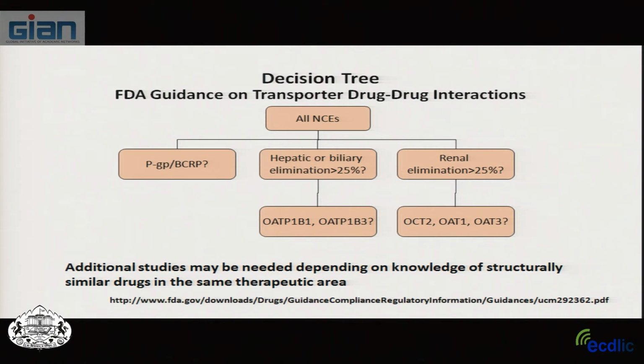If it is, then definitely it's transporter mediated. Is the renal elimination more than 25%? And then what you need to test. Further guidance is that additional studies may be needed depending on knowledge of structurally similar drugs in the same therapeutic area. And then you have this guidance PDF.